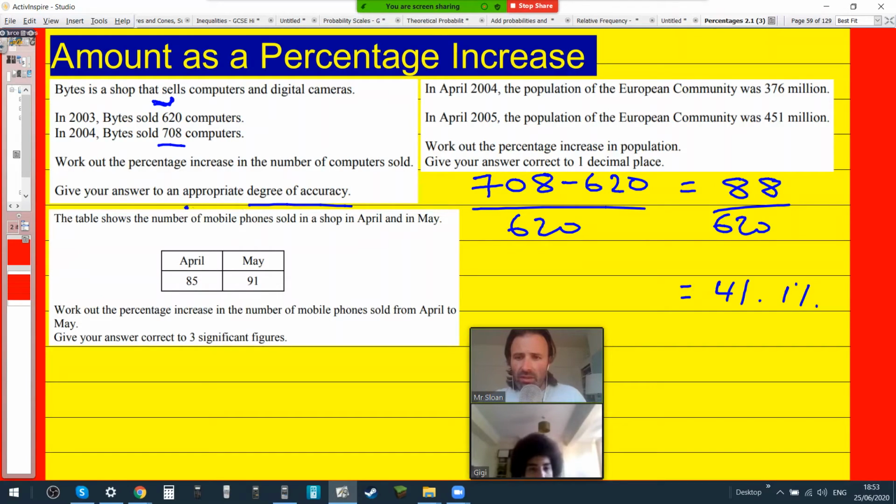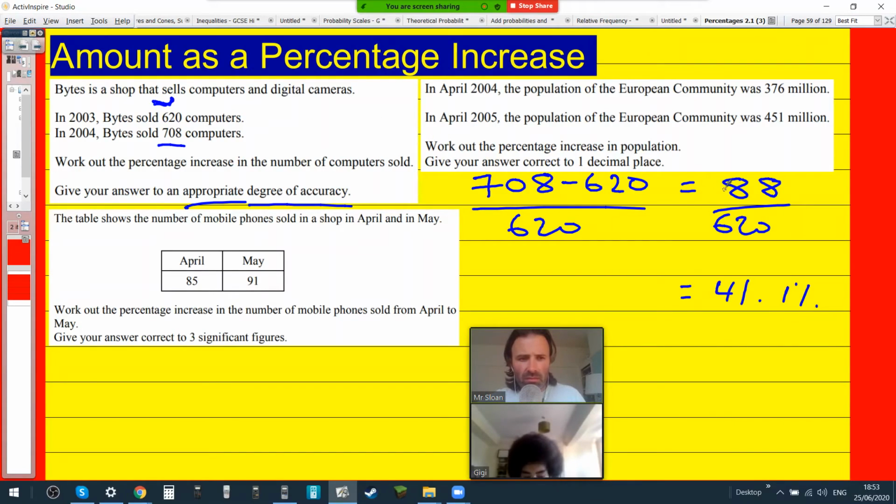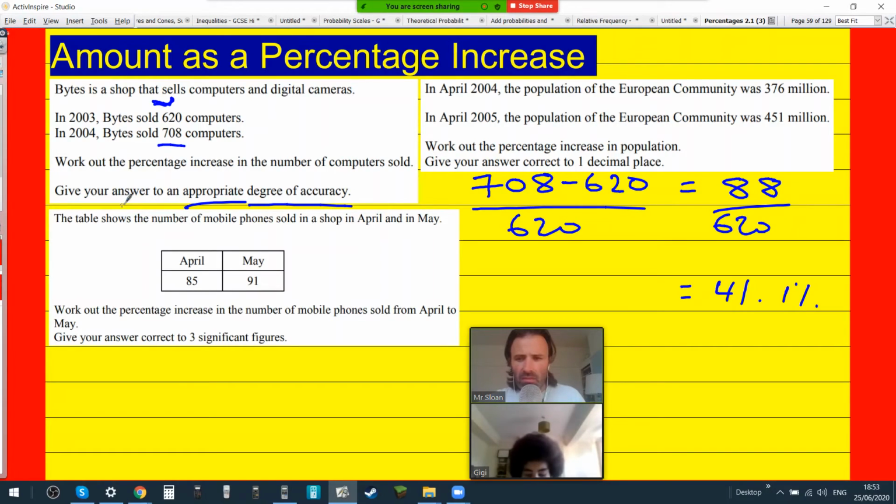So it just said an appropriate degree of accuracy, so I knew it wouldn't be a nice answer. It's 41.19, so rounding it would be 41.2. Okay. Any questions there?